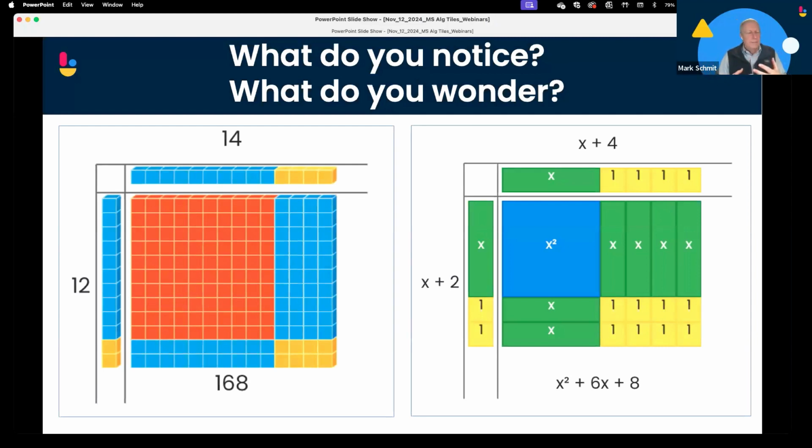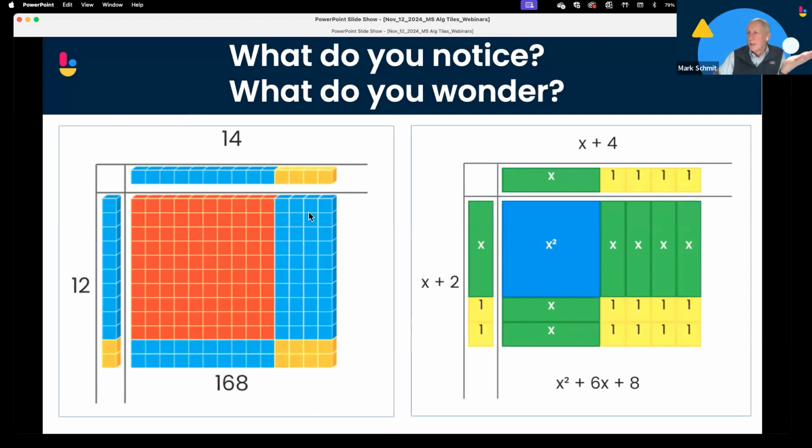Rather than putting them through maybe some arduous processes, let's go back on what they already know. Research tells us that if we can connect previously learned concepts to new things, our understanding is that much stronger. So they've seen that area model before.